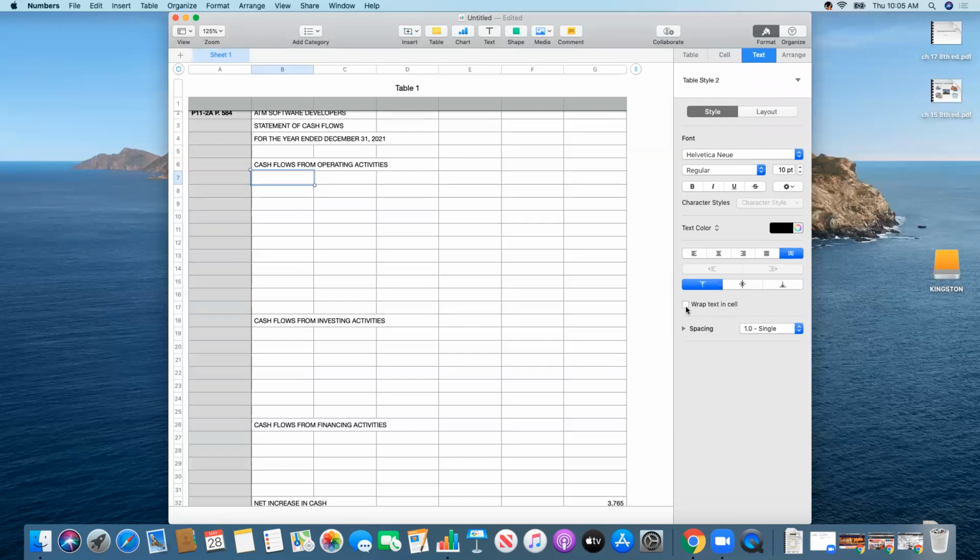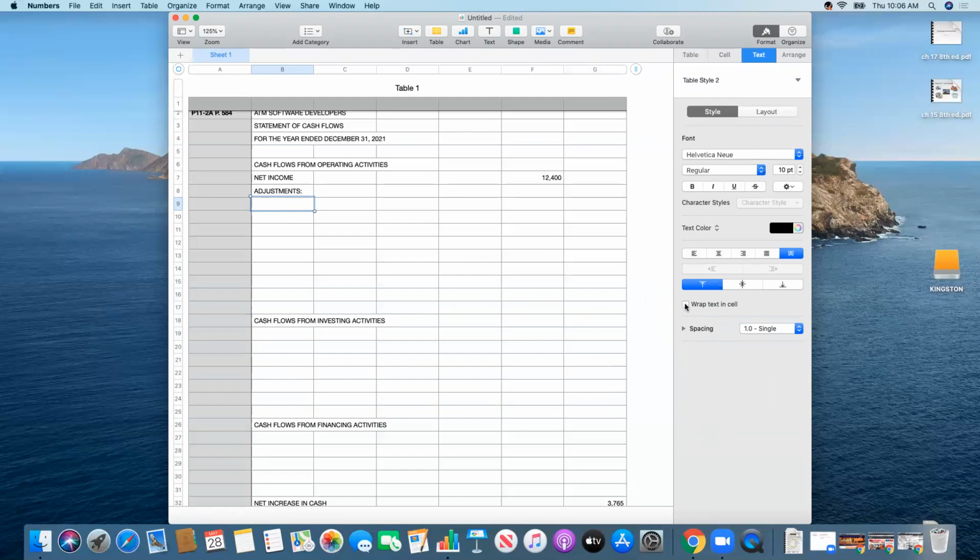Now, the first number I like to look for is net income, right? That's how you start every one of these things. And net income was 12,400. And then I like to call this adjustments. They have like a fancy name for it, adjustments to reconcile net income to net cash flow, right? I just say adjustments. Right now, when you're doing this problem on the computer, it's not going to say things like add and less.